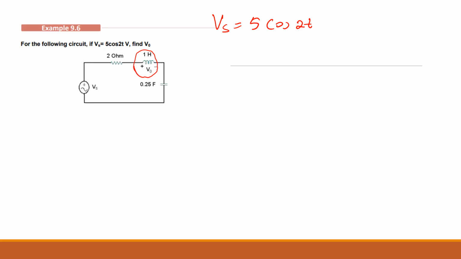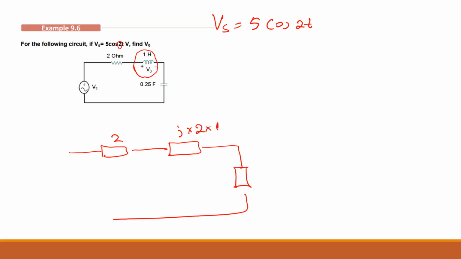So if I convert them to impedances, this will be 2, and this will be j times omega. We know in front of t we have the omega, so 2 times 1. And then we have this one, which is negative j over 0.25 times 2, which is negative 2j.